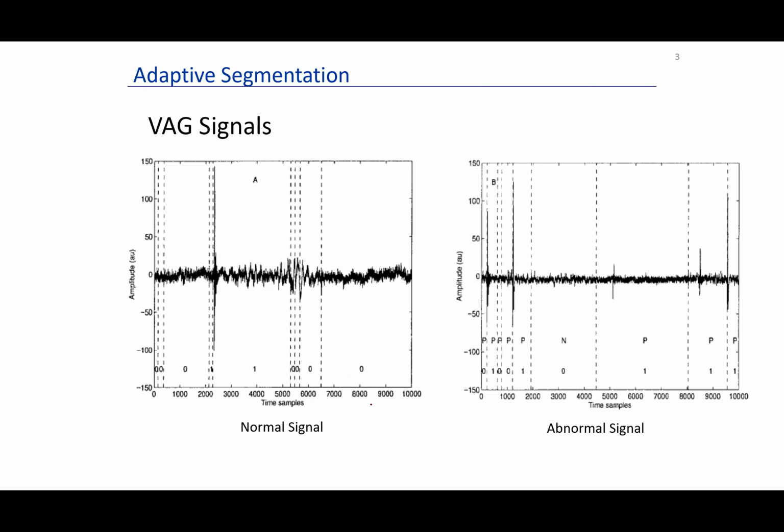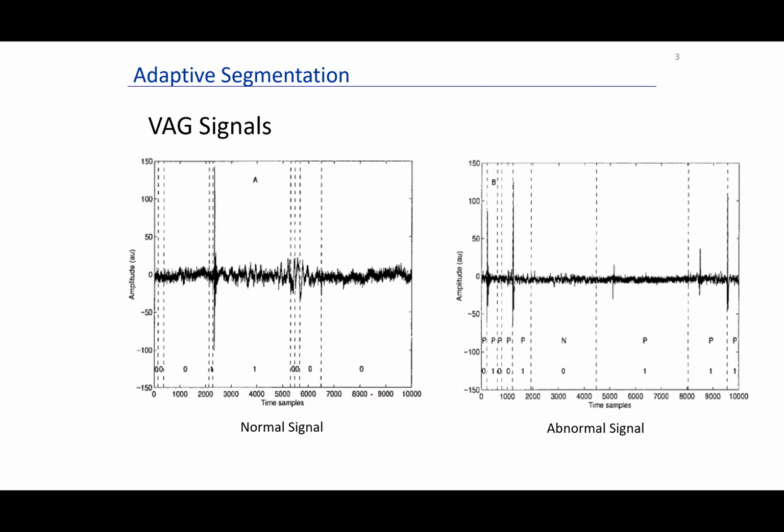Given the sampling frequency was 2.5 kilohertz, you have 10,000 samples. If you used a fixed window of, let's say, 128 samples, you would need approximately 100 of those windows to do a fixed segmentation. And in many cases, it doesn't capture the dynamic characteristics of the signal.